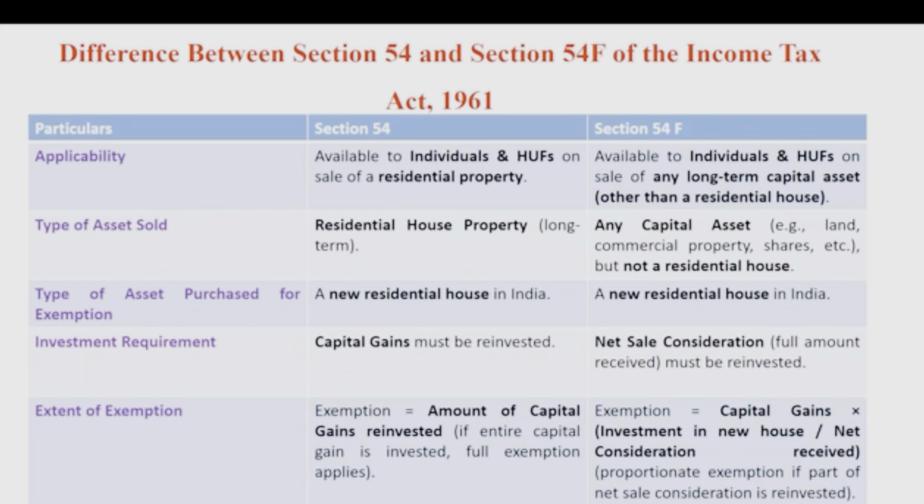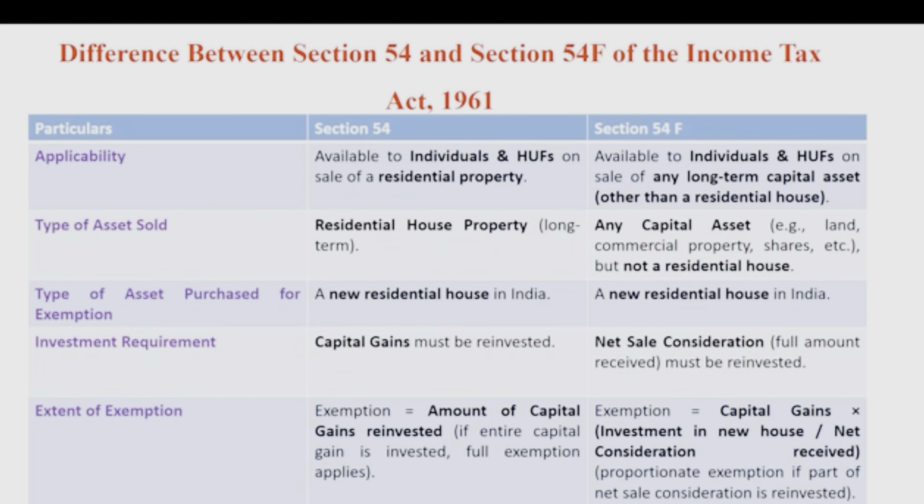So it is very clear: Section 54 applies when a long-term capital gain arises from the sale of a residential house property, whereas Section 54F applies when a long-term capital gain arises from the sale of any capital asset other than a residential house. For example, it can be land, shares, or gold.